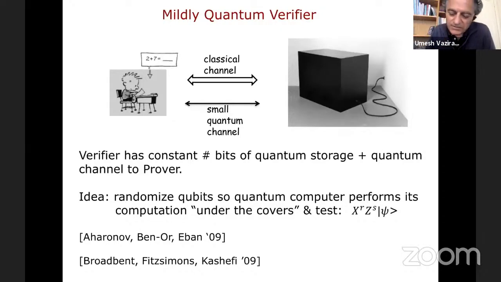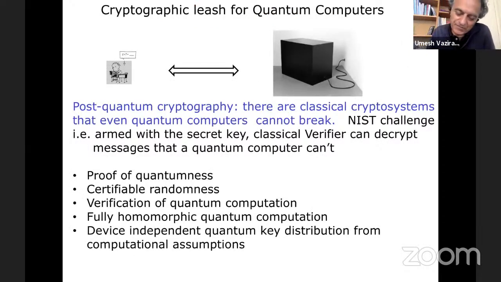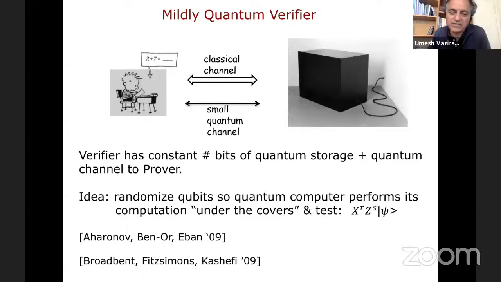Okay, so now, just to provide some background, these kinds of results have been obtained before in other settings. For example, if you're trying to verify a quantum computation, there are two other settings in which this has been looked at before.